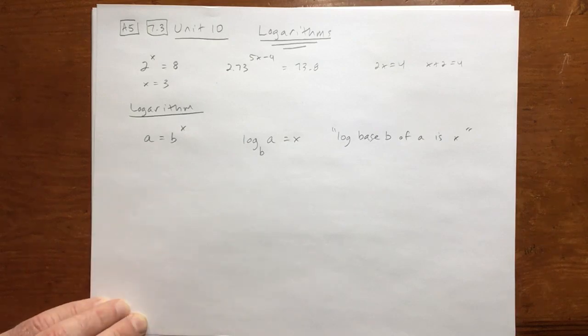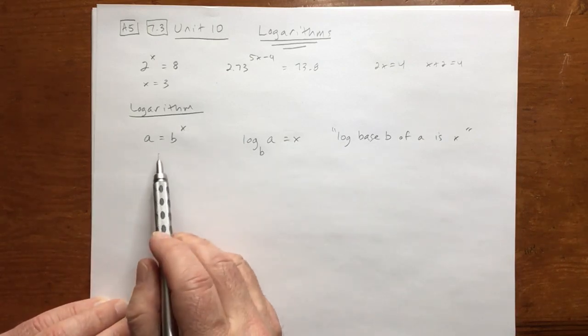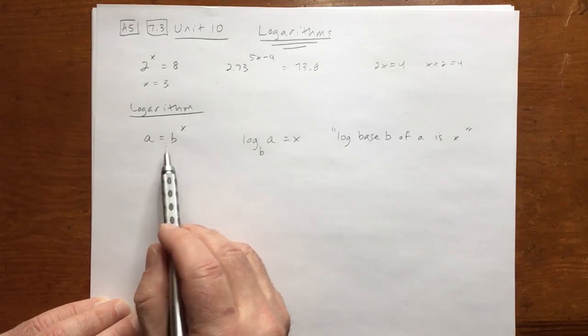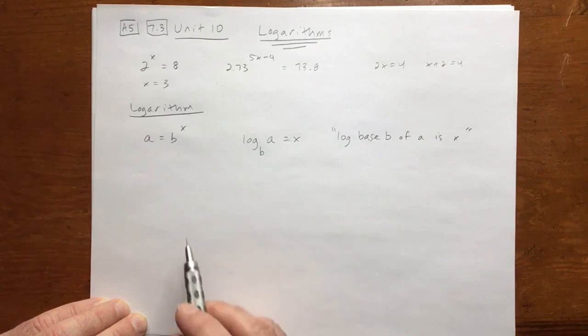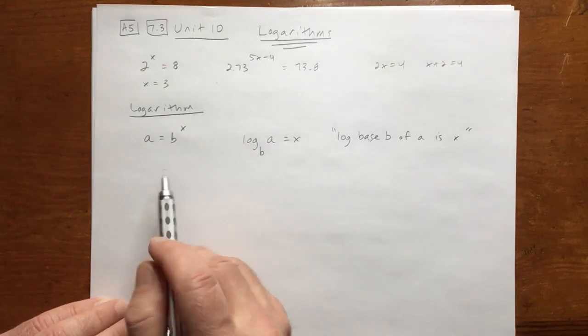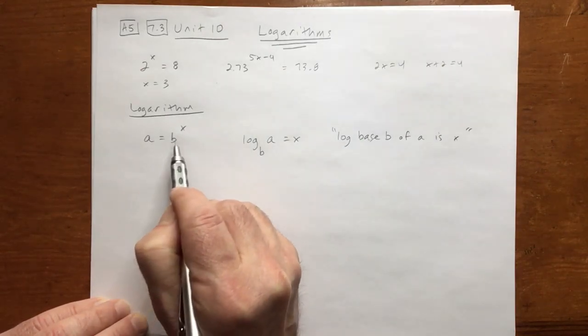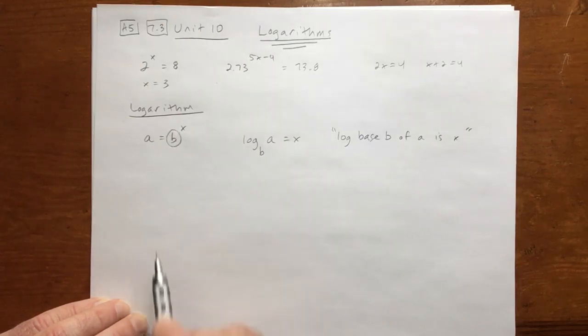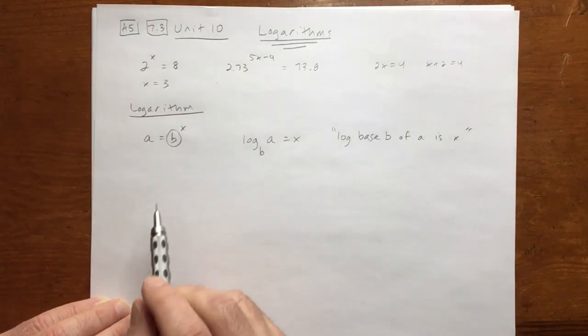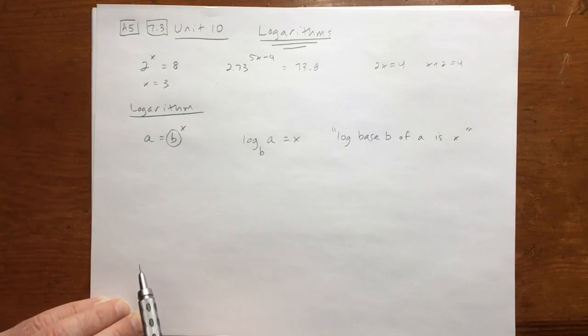Okay, so the first thing we want to learn to do is just simply convert from exponential to logarithmic form, and it's a very easy trick. What you do is you find the base, and the base is b, and circle it. I'm going to use these words often. Some people call this the log circle.